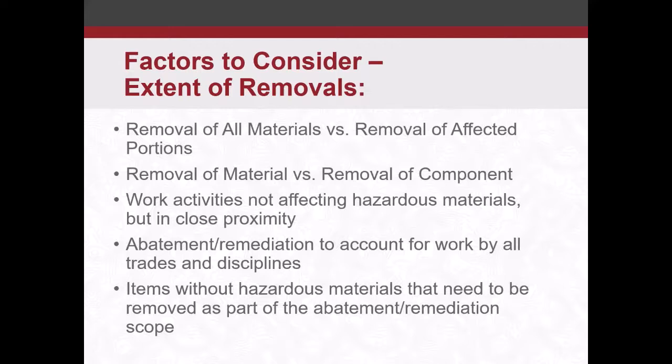On similar lines, do you remove a material, or do you remove the whole component? This might be common where, say, you have a sink that has an asbestos coating on it. It doesn't make sense to spend time and labor and effort to remove the coating off the sink if the whole sink's coming out. You just have the abatement contractor remove that whole component. You might also see this commonly with window replacement projects. If you have asbestos or PCB-containing caulk materials or lead-based paint on the frames or the sills, it may be easier to have the abatement contractor remove the whole unit intact.